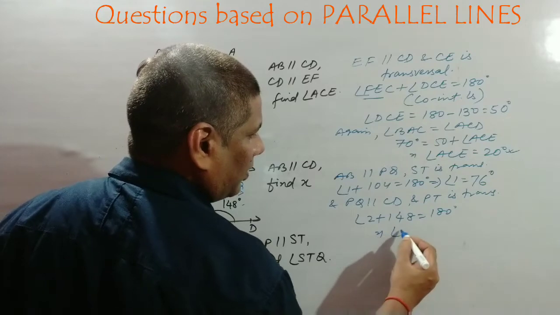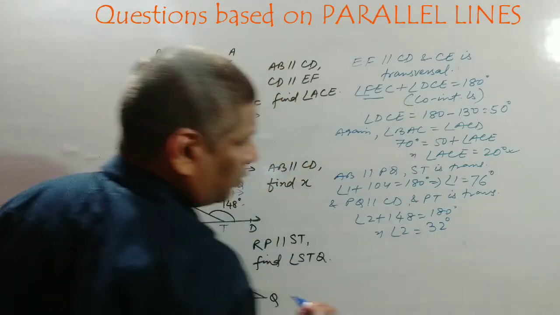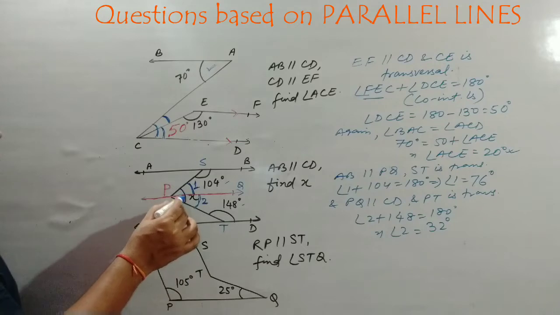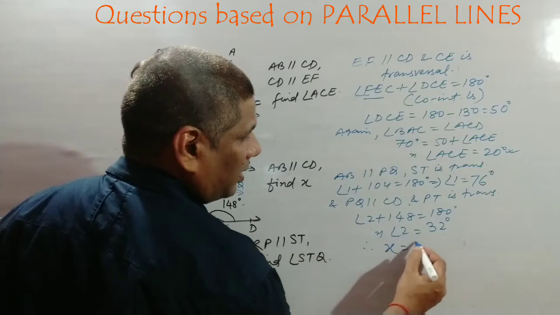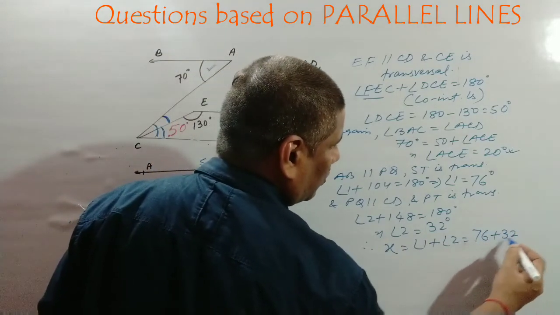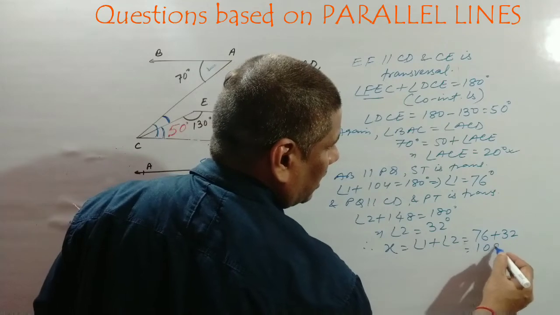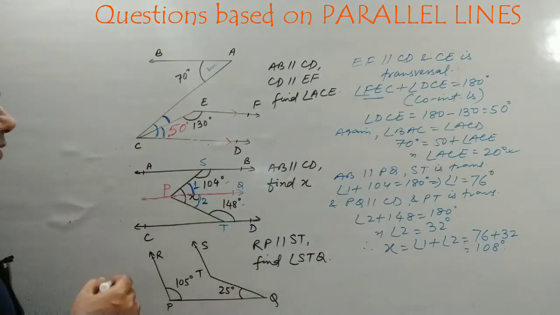In this way angle 2 equals 32 degrees. Now we have to find X. Combining angle 1 and 2, we get angle X. Therefore X equals angle 1 plus angle 2, that is 76 plus 32, that is 108 degrees.